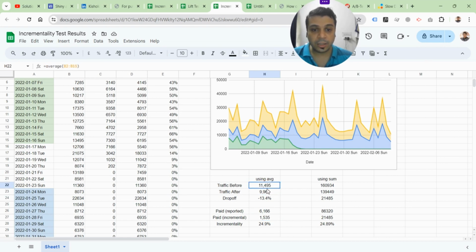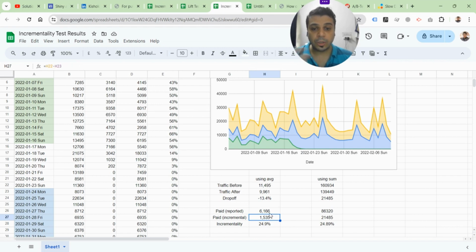So you're just subtracting the actual traffic differences. So the incrementality, therefore, is the incremental increase due to paid ads, and the actual reported paid traffic.